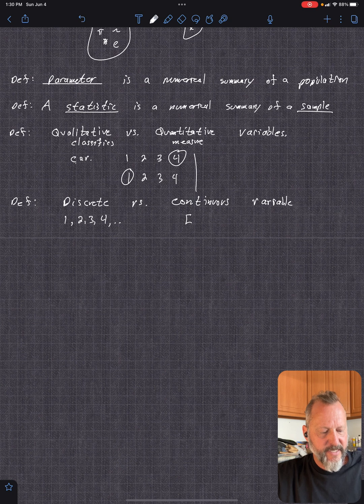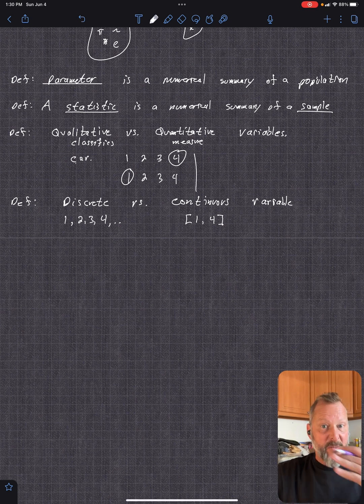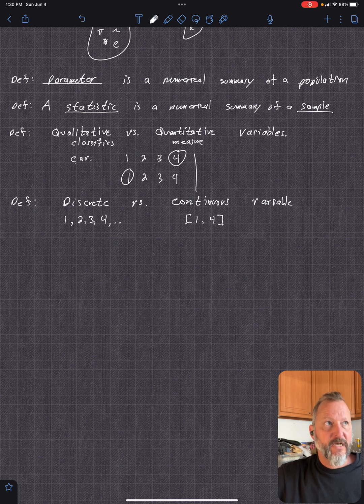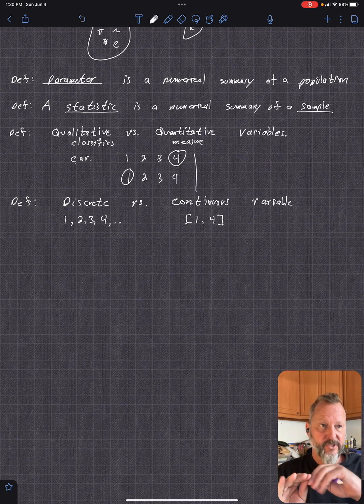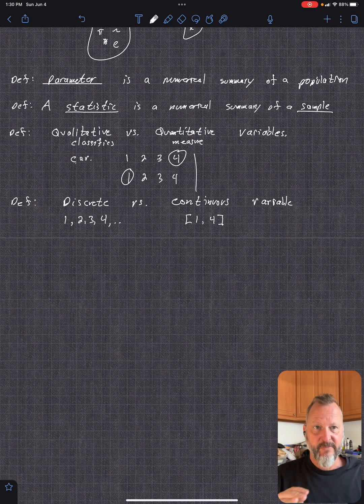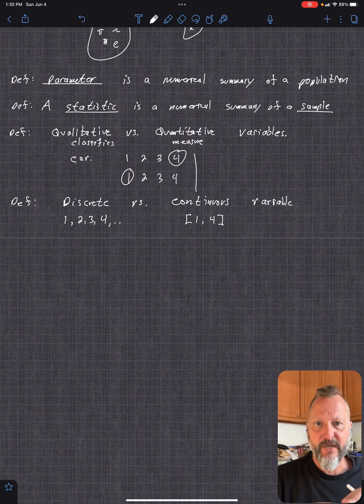Continuous is a continuum, and we mean like 1 through 4, everything between 1 and 4. Pi is between 1 and 4. The number e is between 1 and 4. All fractions are between 1 and 4. So it's a continuous, smooth concept. That's more what you do in algebra.